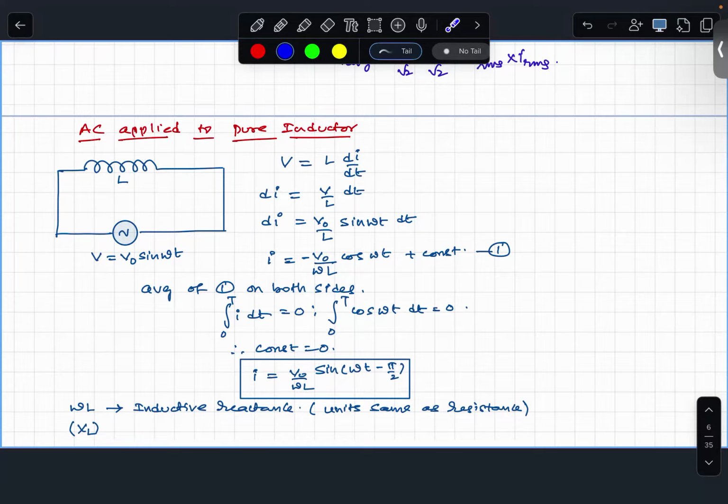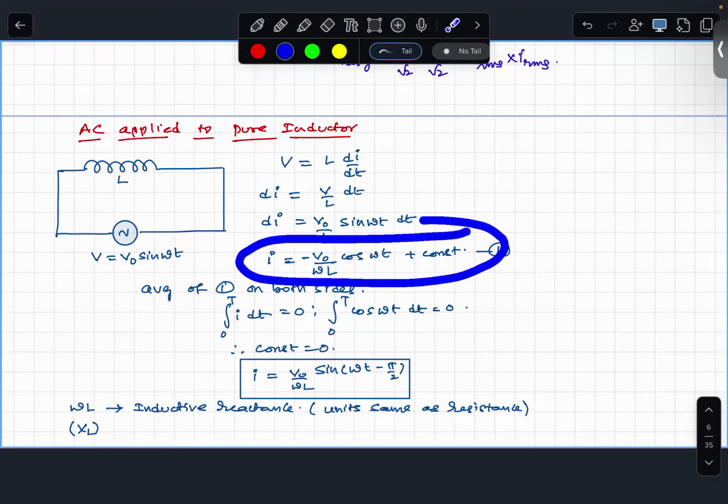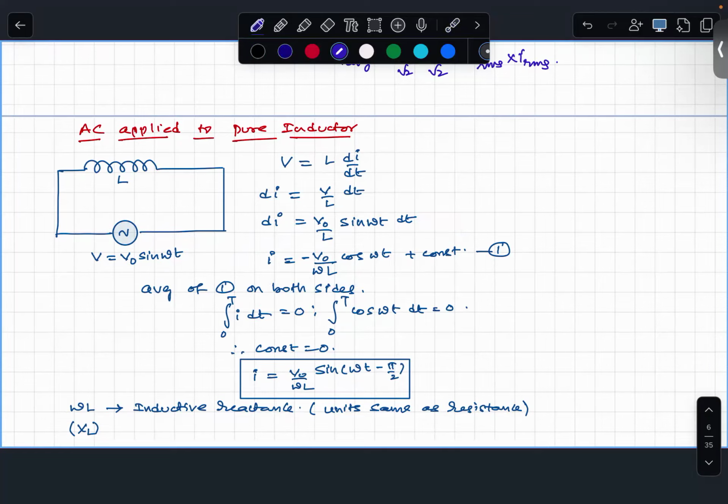Integration is what I have done. If you don't believe, I'll write that step also. Integral di is equal to integral V naught by L sin omega t dt plus a constant. You may ask why I have done indefinite integration.